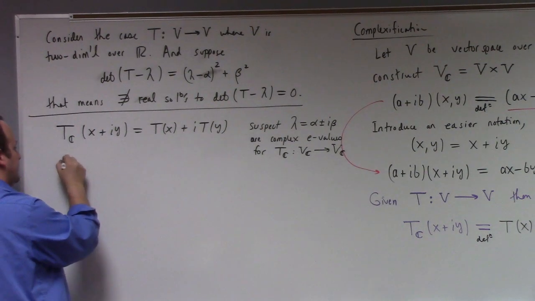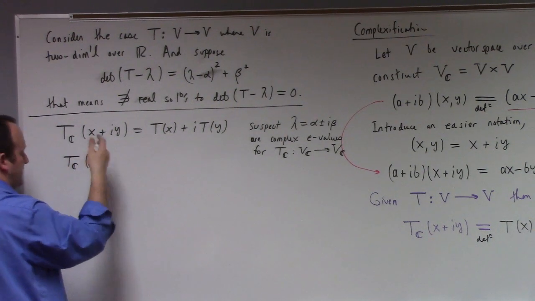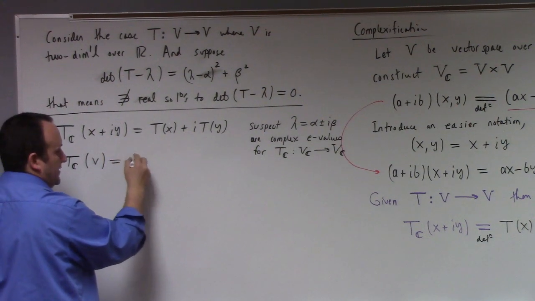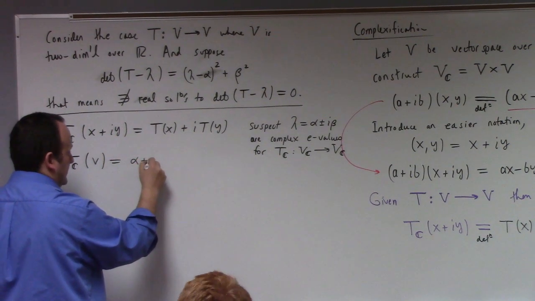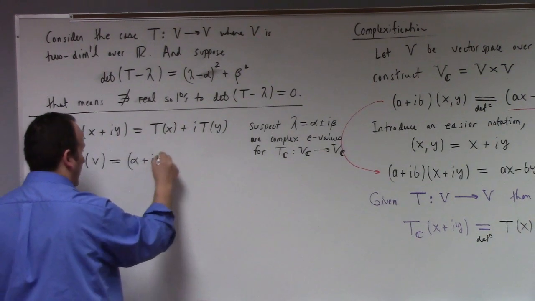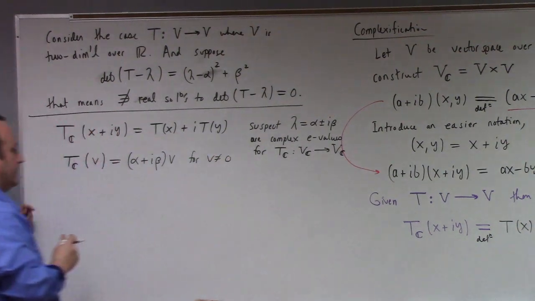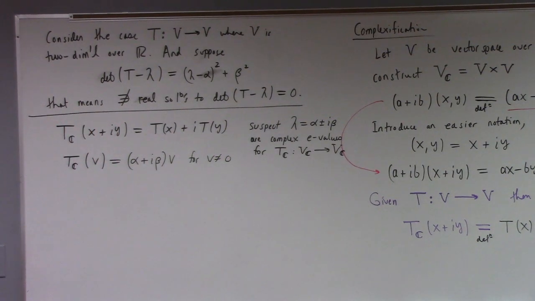That means that T sub c times some vector, let's call it v, is equal to alpha plus i beta times v for v not equal to 0, right? So there exists such a v if there is, in fact, the complex eigenvalue of alpha plus i beta. Agree? This is the definition of complex eigenvalue.